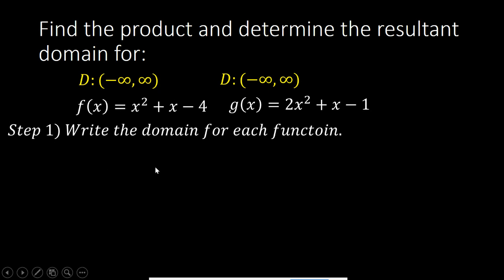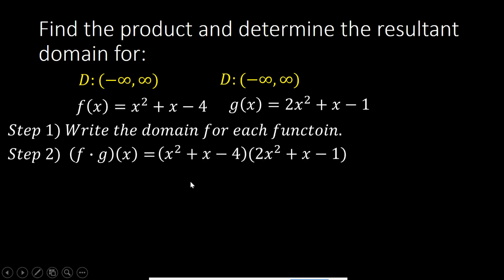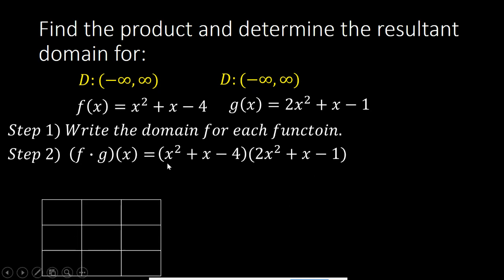So let's set up the multiplication. f times g of x is going to equal f times g. Now, this one becomes a little bit more messy when you multiply here and here and here, and then here, here, and here, and then here, here, and here. Some of you will do it that way. I'm going to generate this table and bring these three terms and line them here, and then bring these three terms and line them on top.